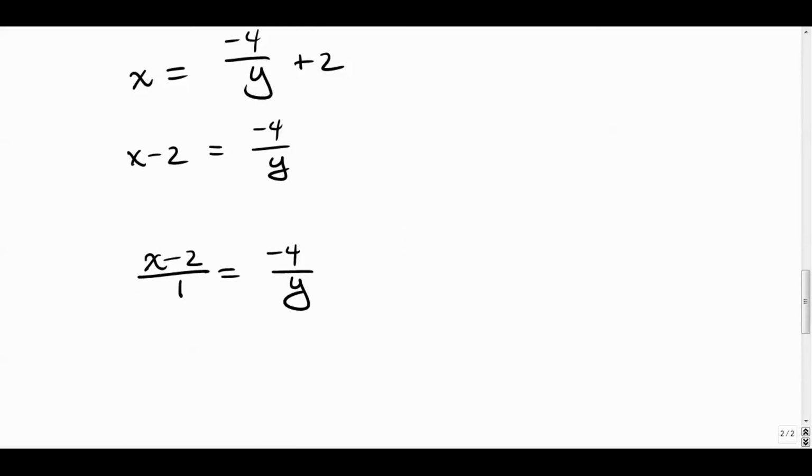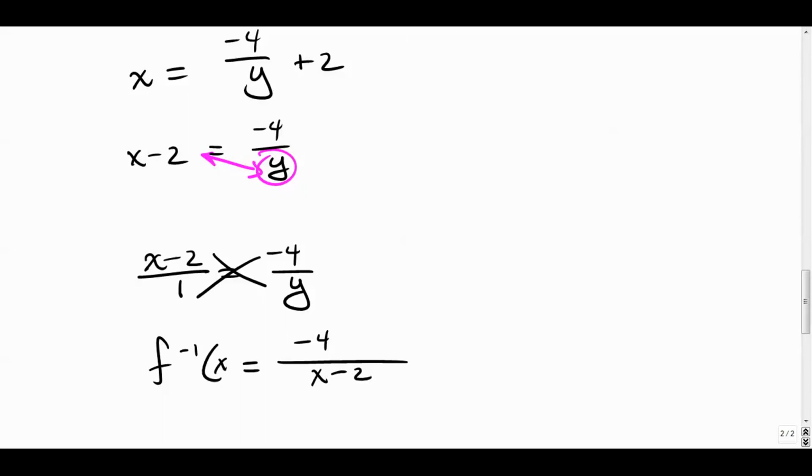So we just cross multiply and we get y is equal to negative 4 over x minus 2. As a shortcut, when the variable that you're looking for is in the denominator, just switch it out with the thing over here. It's a little shortcut rule. Really, it's just proportion cross multiplication. So our function y is by itself, that is our inverse, and that's equal to negative 4 over x minus 2.